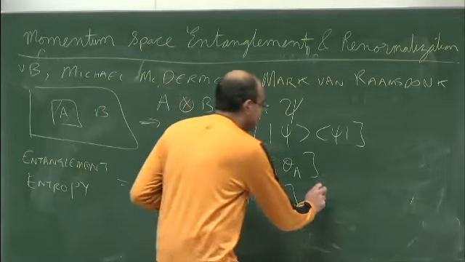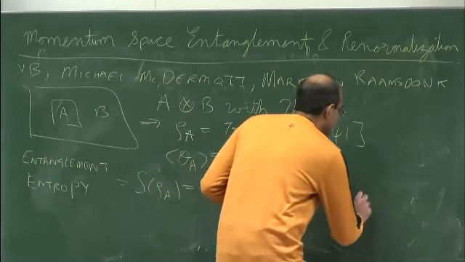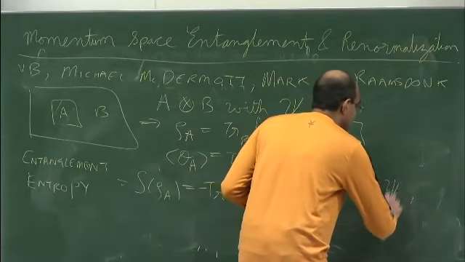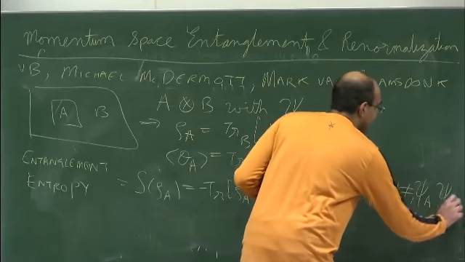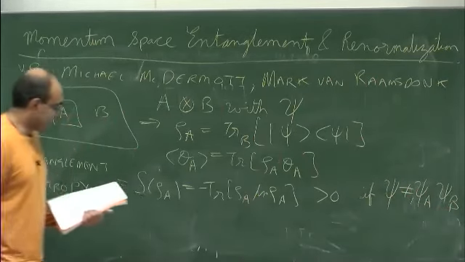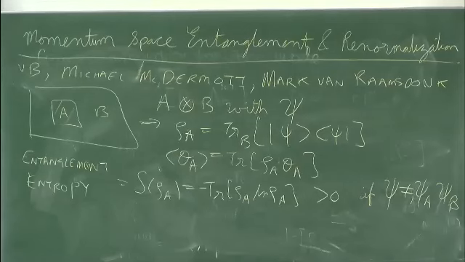And it's a fact that this is positive if the overall wave function for the system is not a product of the wave function in systems A and systems B. In other words, if they're entangled, you get a non-zero entropy.